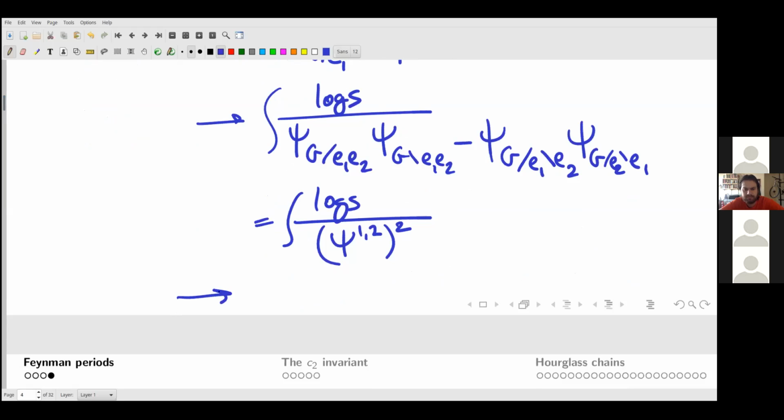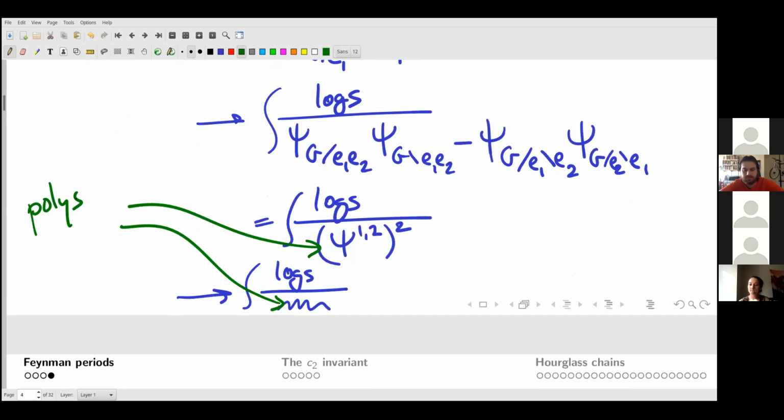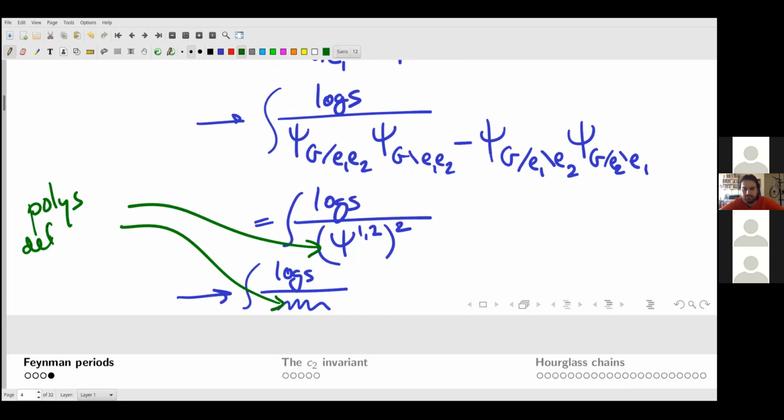So what happens with the next integration? You still get logs. You get another expression on the bottom, which I'm not going to write out, but it's still an expression in terms of spanning forests. So these are all polynomials defined as sums over certain spanning forests.